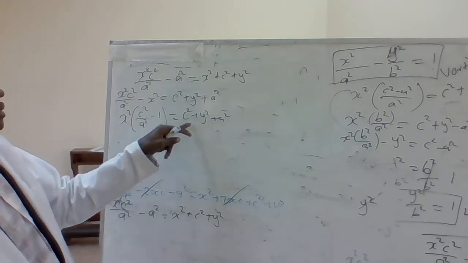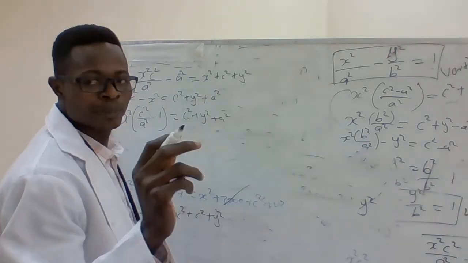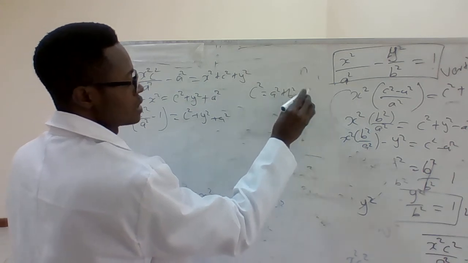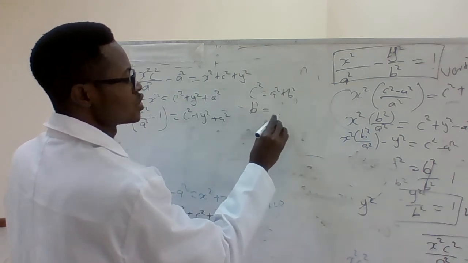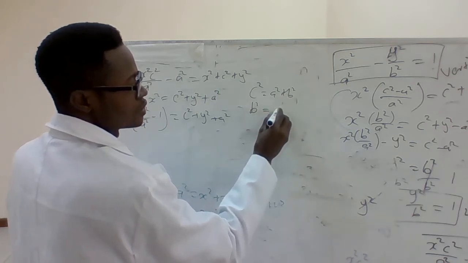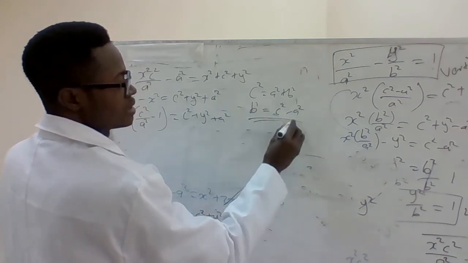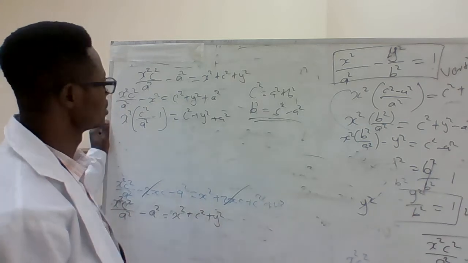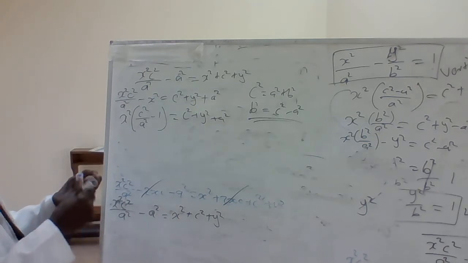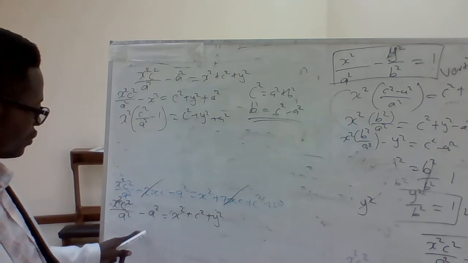Now, to have c and a together, we know from the Pythagorean theorem that c squared is equals to a squared plus b squared. So b squared will be equals to c squared minus a squared. So this is our b squared from the Pythagorean theorem. So to have c minus a on one term, you remember what I told you from the beginning, be careful with the signs.